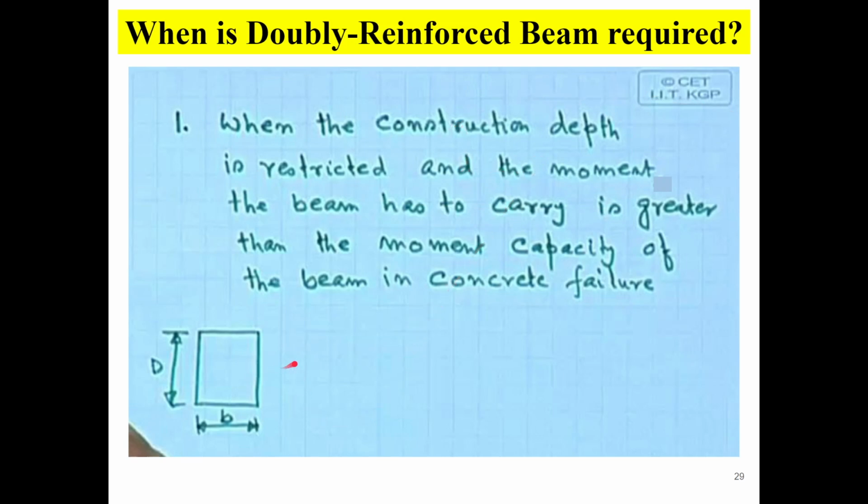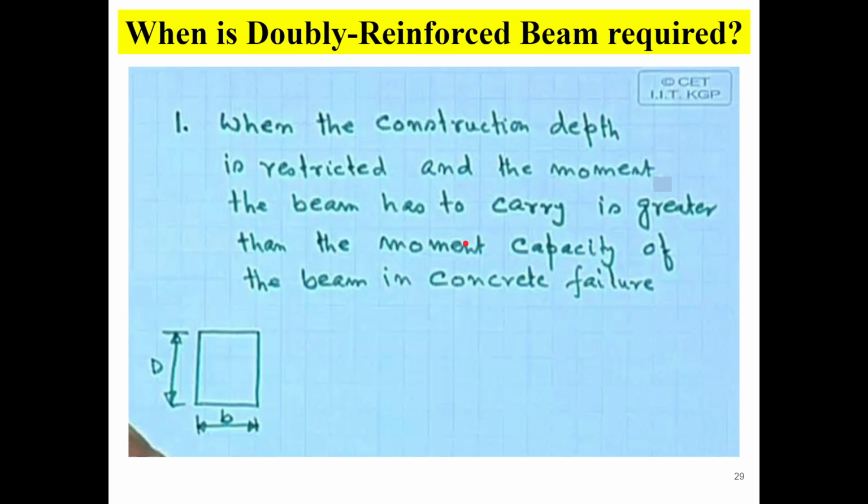So the factors which mostly influence it are D, the effective depth, and also B. D is squared and B is only linear. So one is directly proportional and one is proportional to the power 2. That means the moment increases with the increase in depth and width.